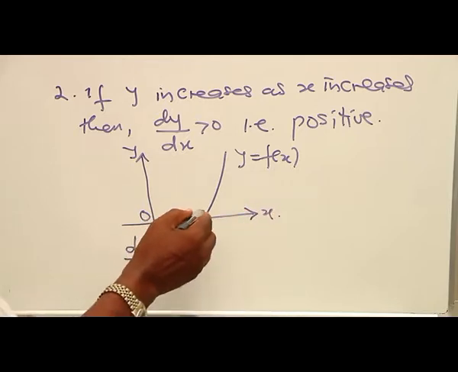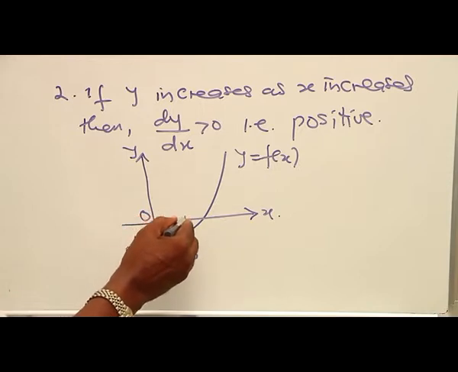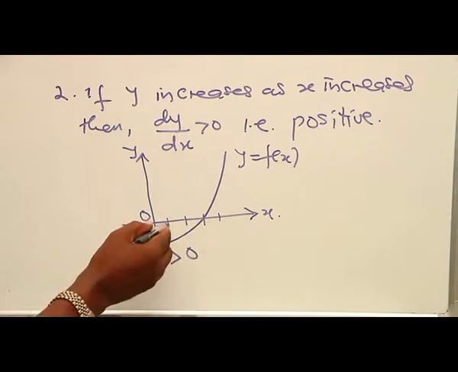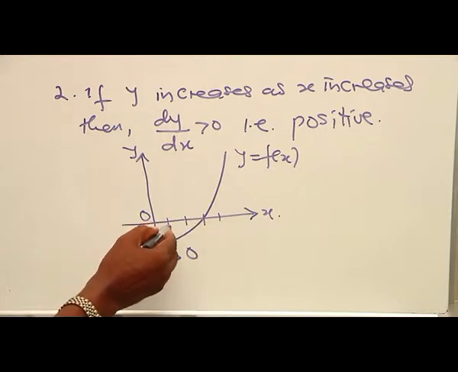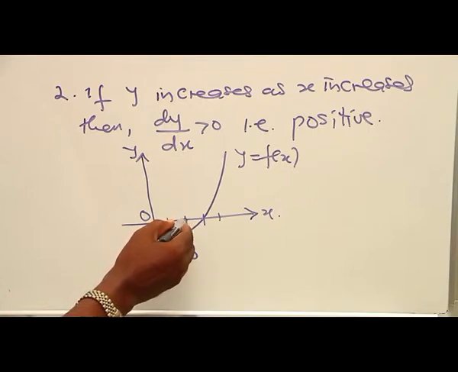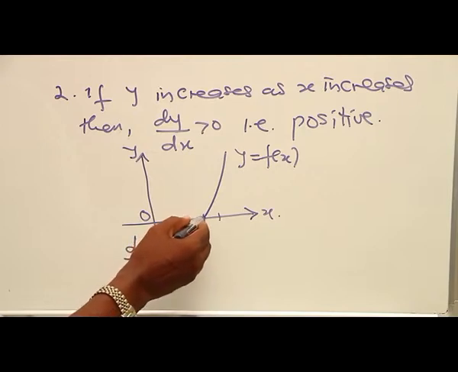Let's take some values and see what happens. When s is 1, the value of y is here. When it is 2, the value of y is there. At this point, the value of y is here.